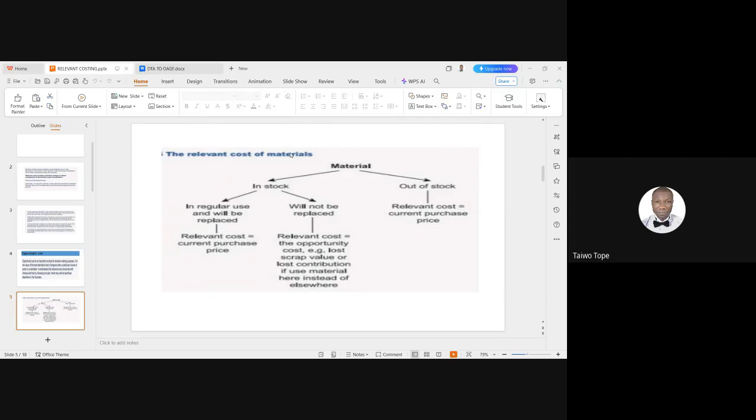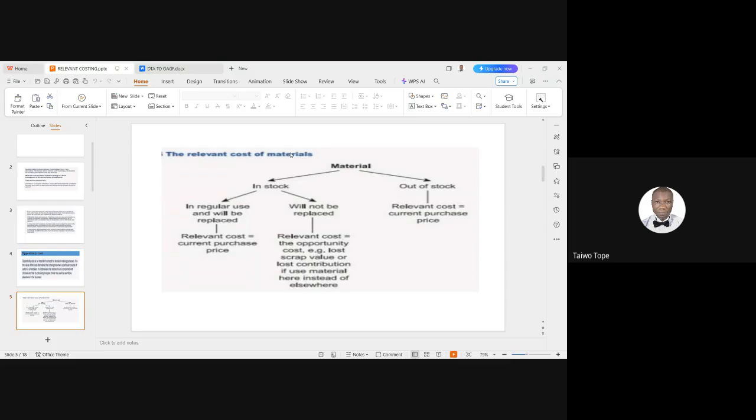The opportunity cost is the sacrifice you will make for not using the material in your organization, for example by selling it. In selling it, it means it has a scrap value. So the scrap value will be the opportunity cost where it has an alternative use.